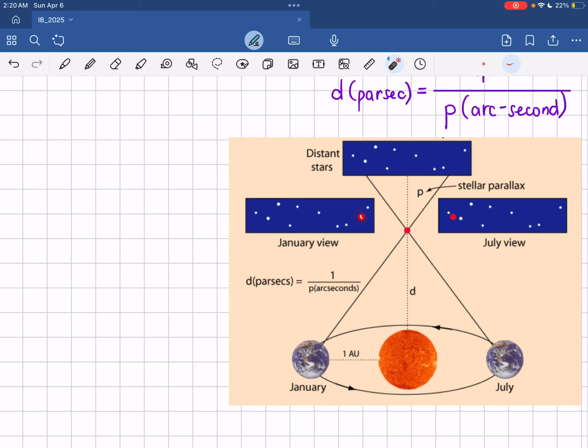On the right here. But then after about 6 months, in July, it takes 6 months to travel from this position to this position, right? And another 6 months to return to the original position. So that's 12 months here. This is a year here, right? So after 6 months, it can move to the other position here.